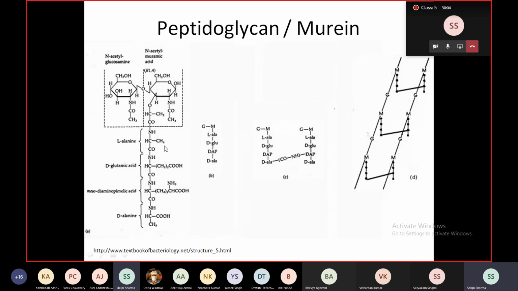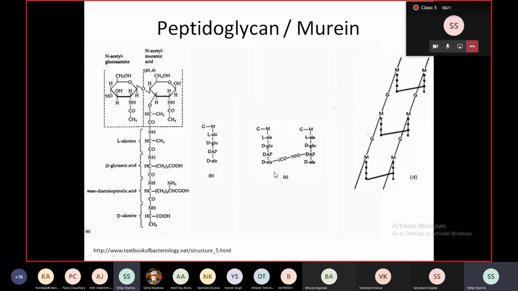These peptides have alternating D and L forms of amino acids. In most cases, the first amino acid is an L-alanine. Now the peptide branches, they are cross-linked either directly or by an interpeptide bridge.